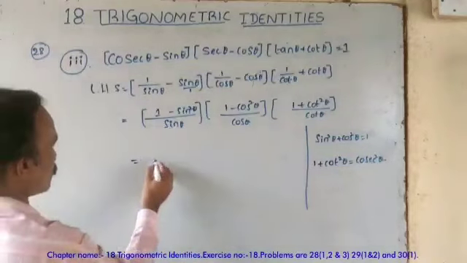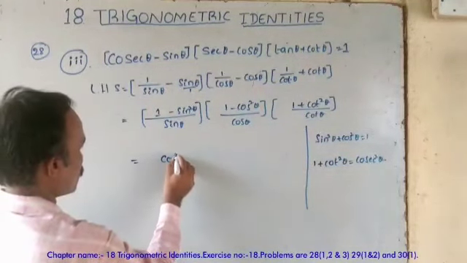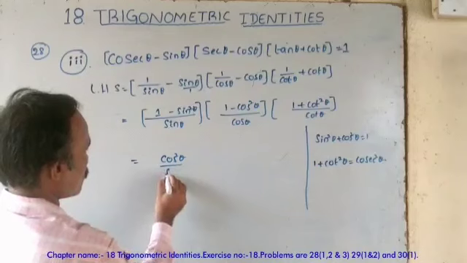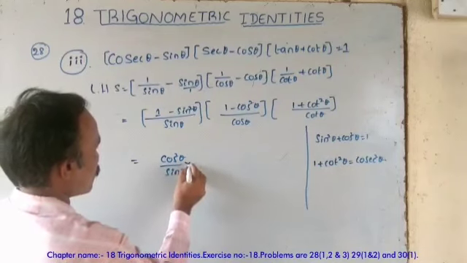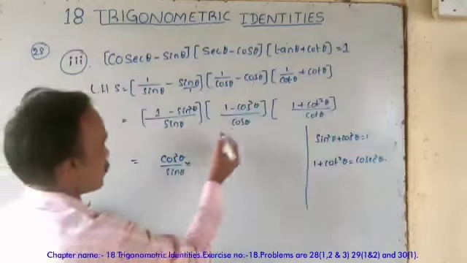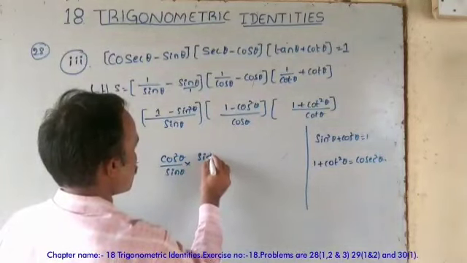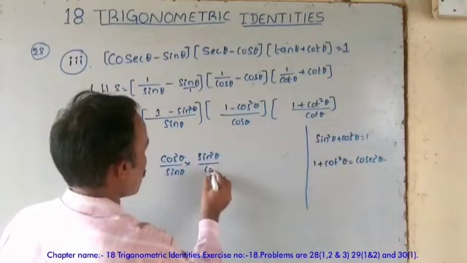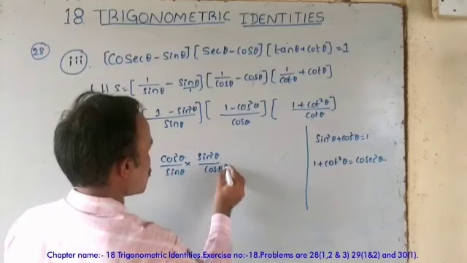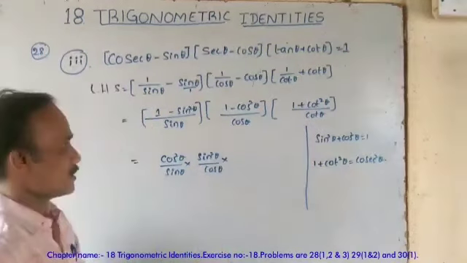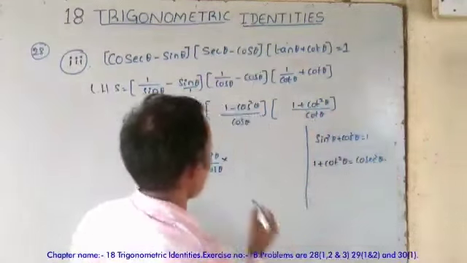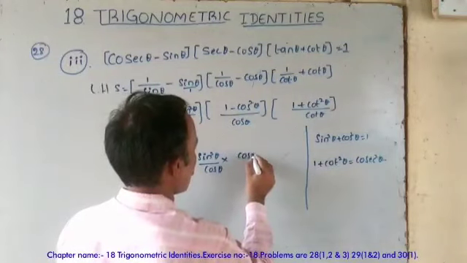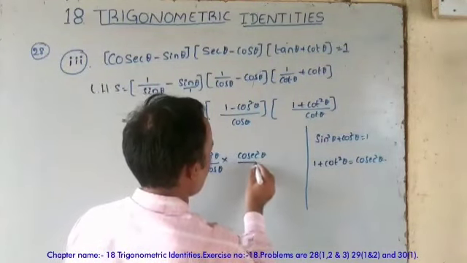Now this is equal to cos square theta by sin theta into 1 minus sin square theta, which can be written as cos square theta, as it is, into sin square theta by cos theta, and 1 plus cot square theta is cosecant square theta.